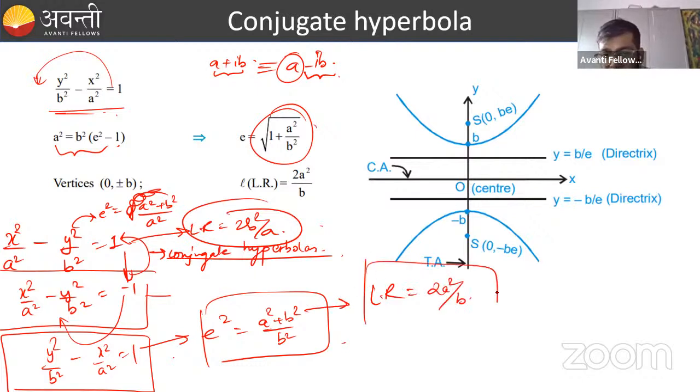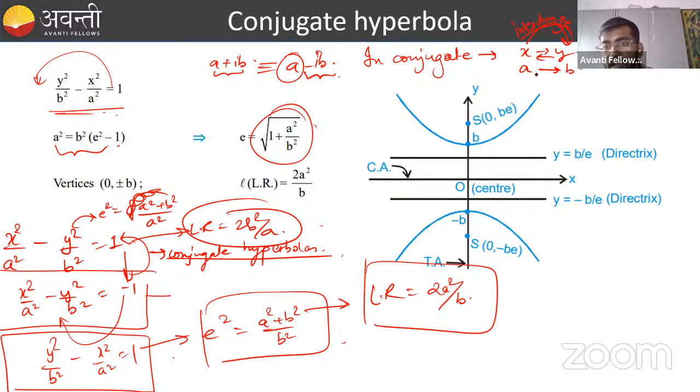So we have to remember that in the conjugate, this is a trick method: you can interchange. Wherever you see x, you change it to y, and wherever you see a, you change it to b, and vice versa. This interchange gives you the conjugate.